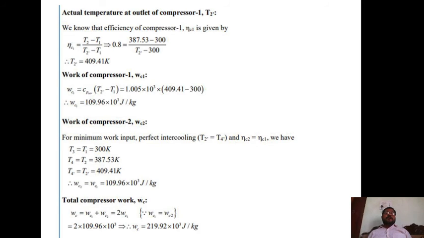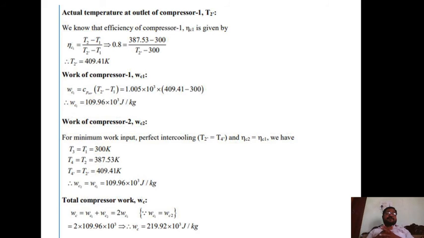We have T3 is equal to T1, it is 300 Kelvin, T4 is equal to T2, that is 387.53, T4 dash is equal to T2 dash, that is 409.41 Kelvin. So WC1 is equal to WC2, that is also equal to 109.96 into 10 to the power of 3 joules per kg.